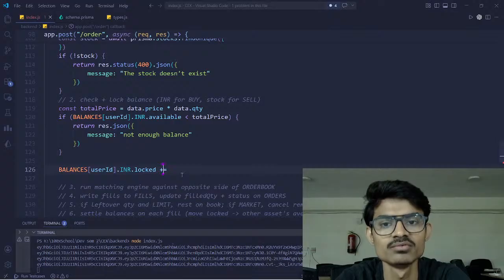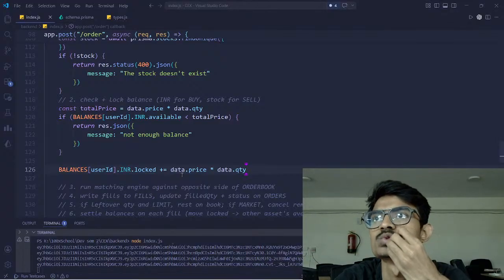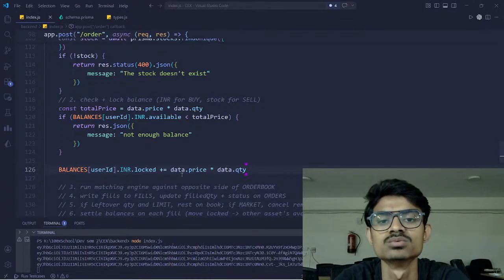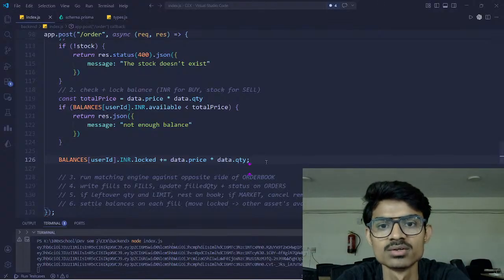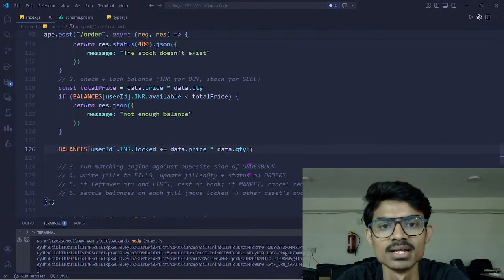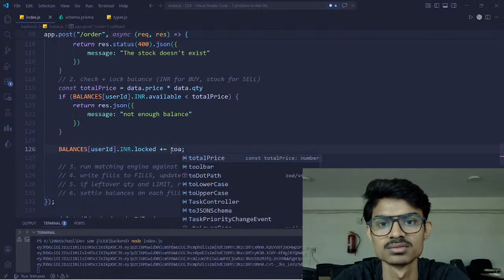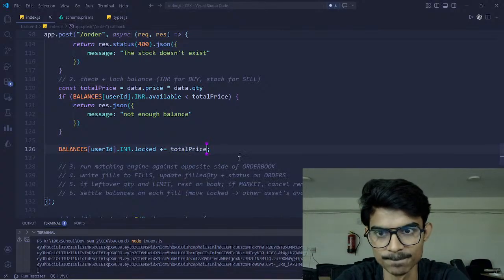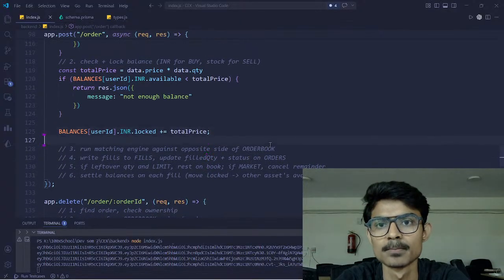If they were already somewhat logged, then I have to add to it. Like if I buy some stock, I log some balance, and then I buy another stock, I would have to add to the logged, right? So whatever value it already has, we'll just add to it. Like why am I doing this? I would have to do total price, total price. So logged it.